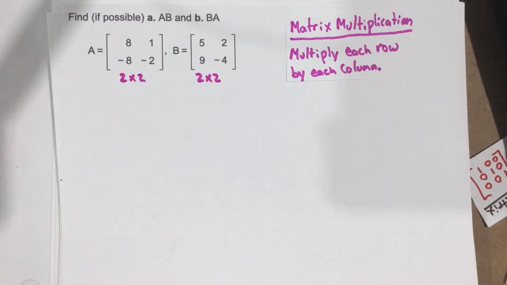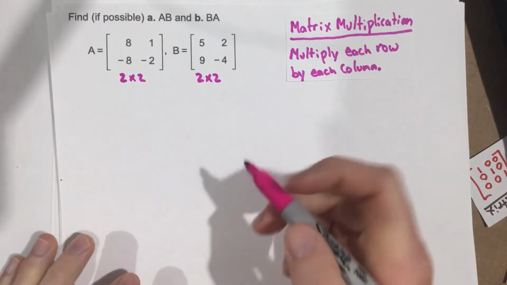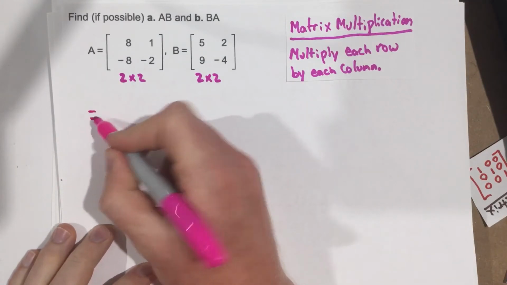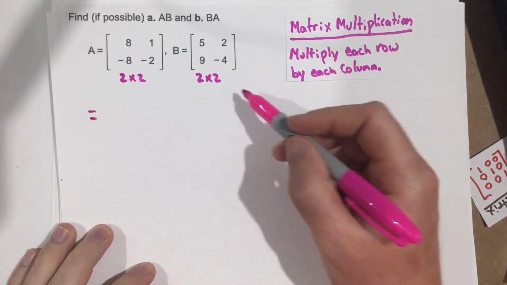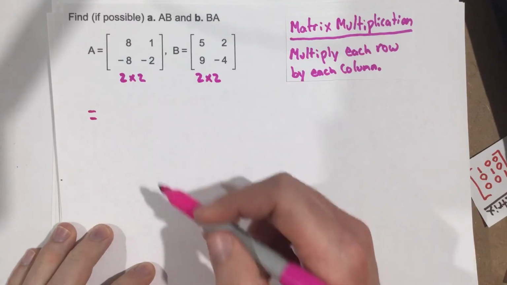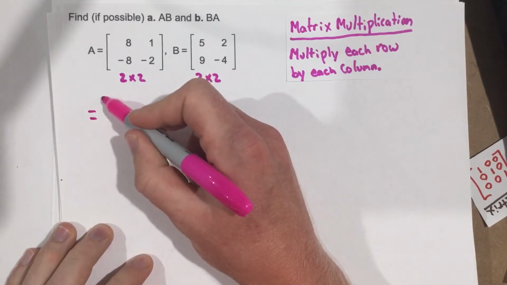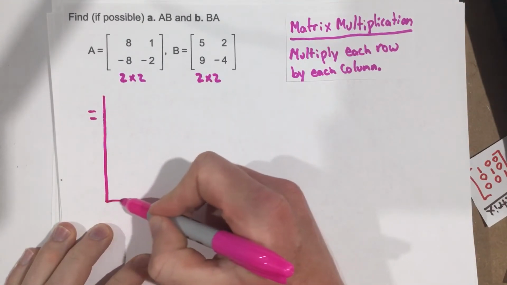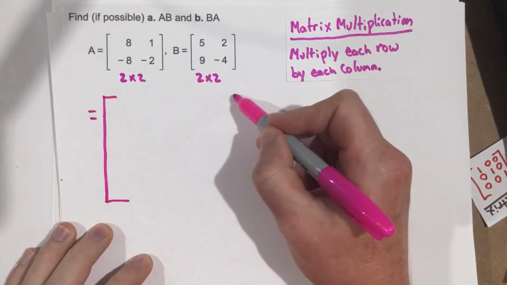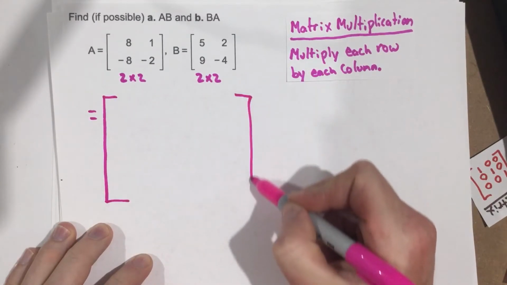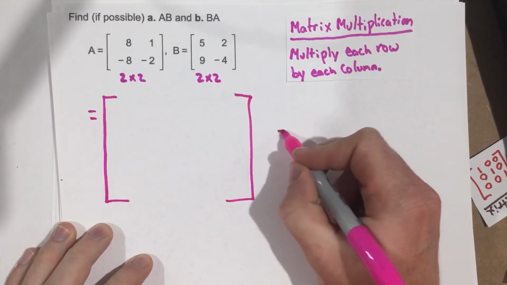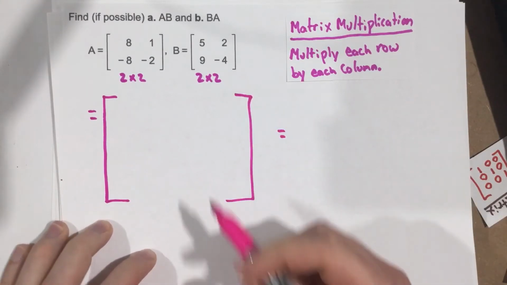So I'm going to go ahead and write this out. I like to write these out and make a really large matrix so we can put all the multiplications in there. So we're going to make a pretty large 2 by 2 matrix, and then when we actually do the simplifying, we'll make it smaller.